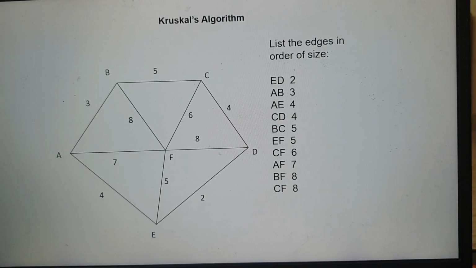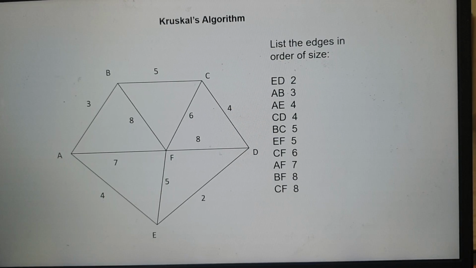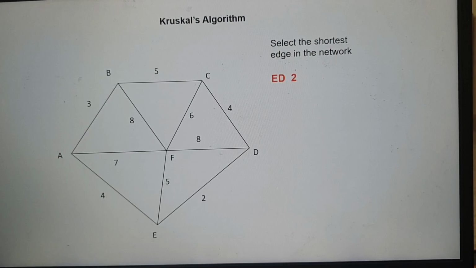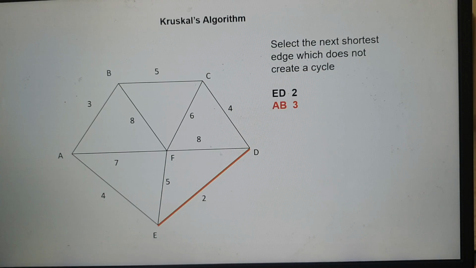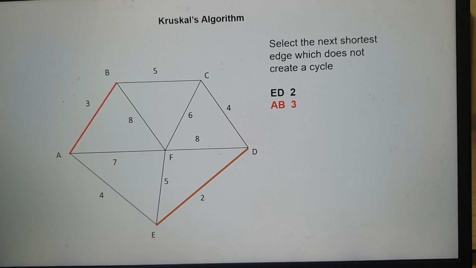If it forms a loop you need to remove the edge, and if you touch all the vertices you need to stop. Now the first one I am going to take is ED. I have marked ED. Still many vertices are there that I need to touch. So the next smallest is AB, I have taken it. Still I haven't covered all the vertices.